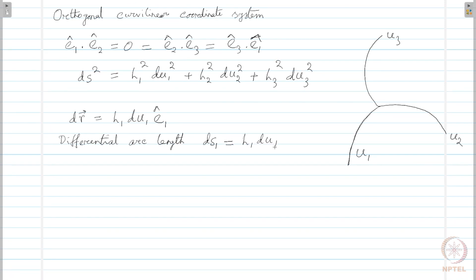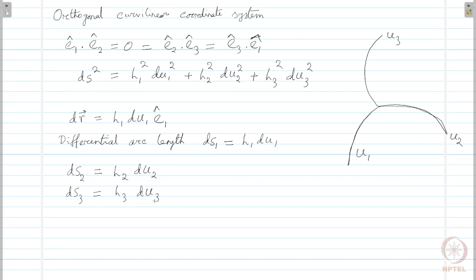Similarly, if we go along the coordinate axis u2, we will find that ds2 is given as h2 du2, and ds3 along the remaining axis is h3 du3.